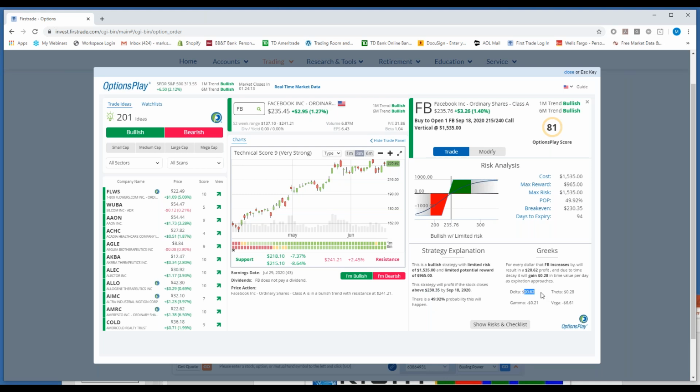Our delta, okay. Our theta, excellent. Our gamma, not so great. But the probability and chance of winning is terrific. But you see the potential reward is only 965 bucks and the risk is 1,535. So you never want to take a trade like that.